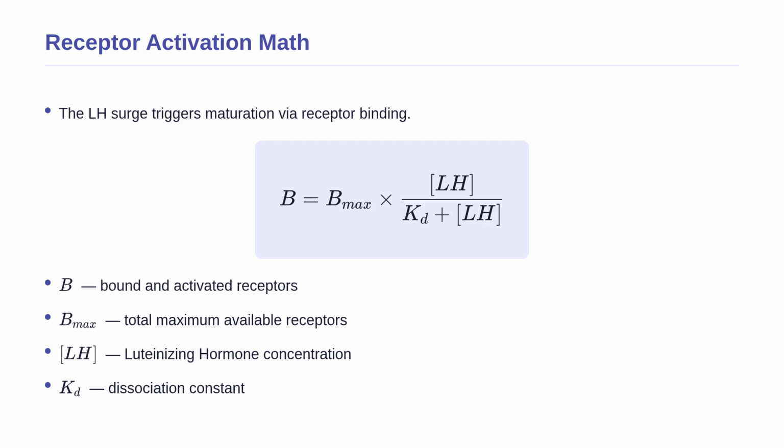B represents the number of activated receptors. B max is the total number of available receptors. The concentration of LH is in the brackets, and KD is the dissociation constant. As the hormone concentration increases, more receptors are activated, eventually leveling off when all receptors are full.